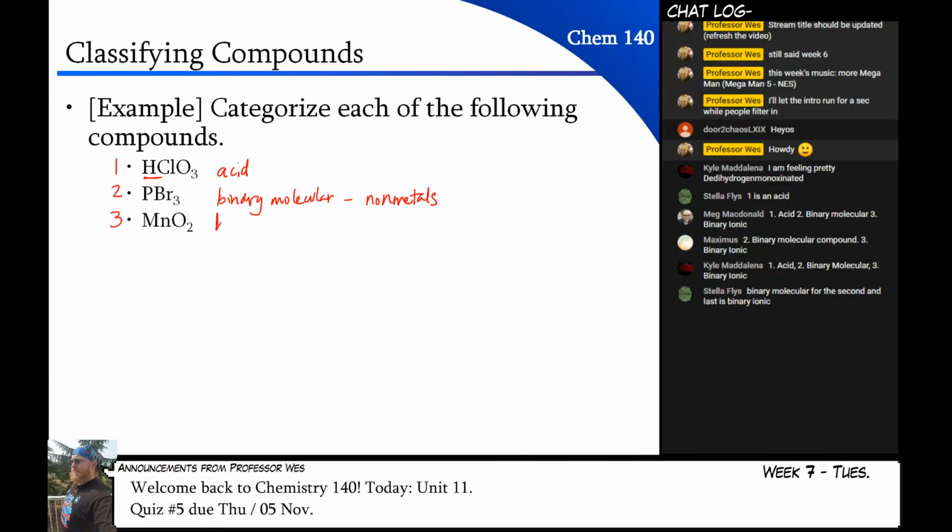And then 3 is binary ionic, because it contains a metal and a non-metal.